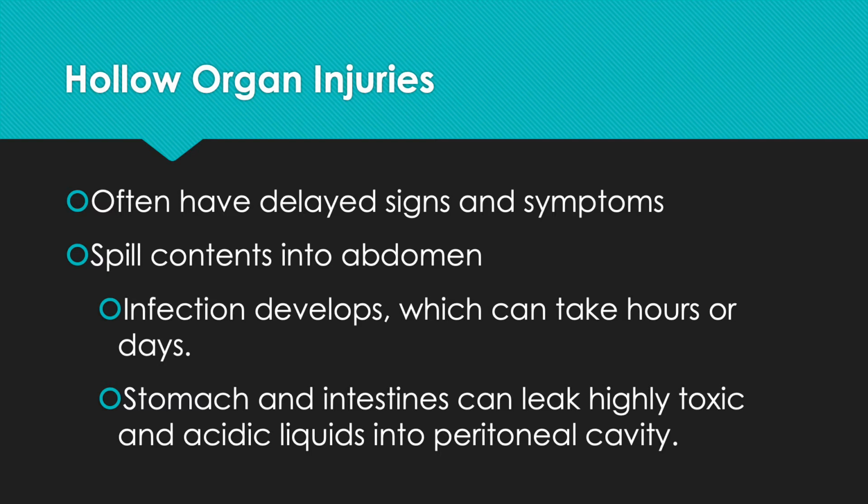Your hollow organs, you need to remember, are not empty organs. They're organs that have a varying amount of liquid in them. So when the contents of the pancreas or the stomach leak into your peritoneal cavity, it's going to cause a lot of irritation and a lot of pain.